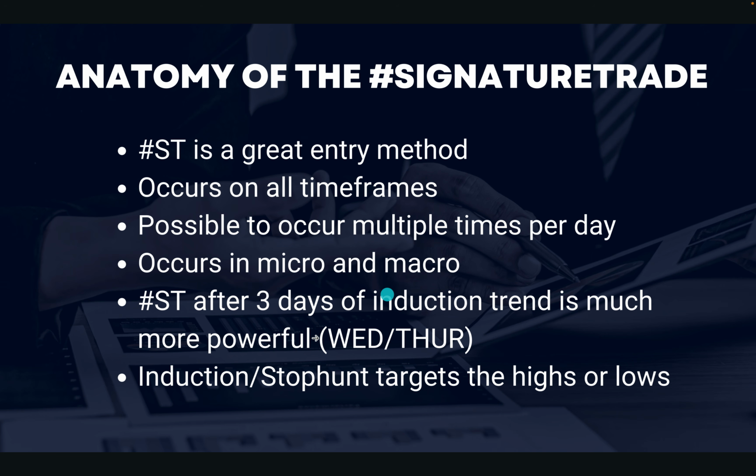And then come midweek, we're prepping for that midweek reversal. The signature trade comes and you buy or sell off of the highs or the lows, and then you target the highs or the lows, okay?